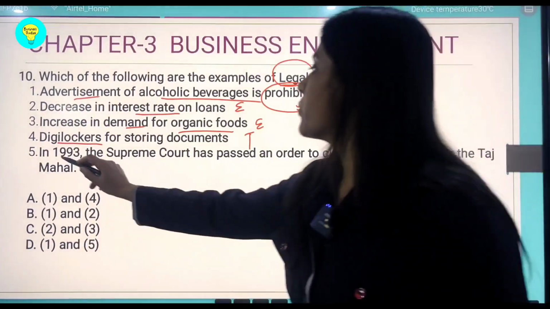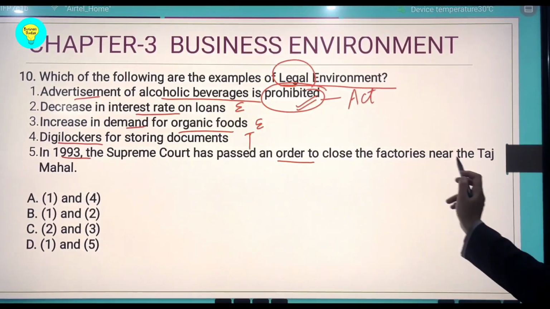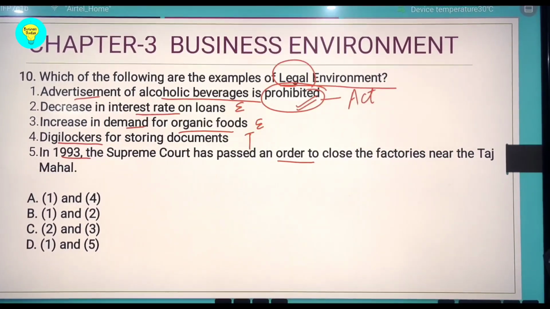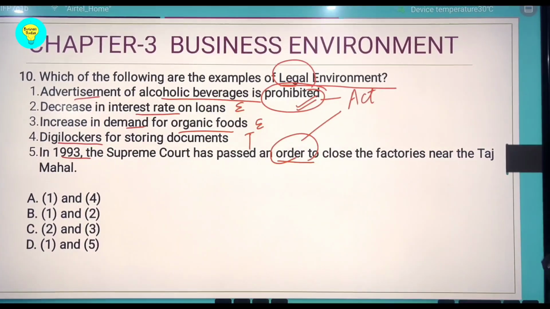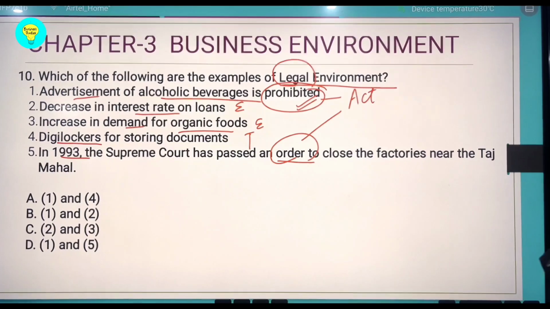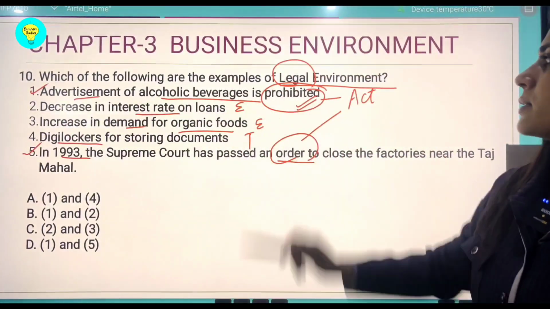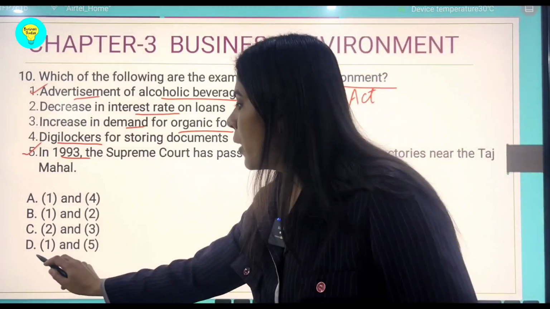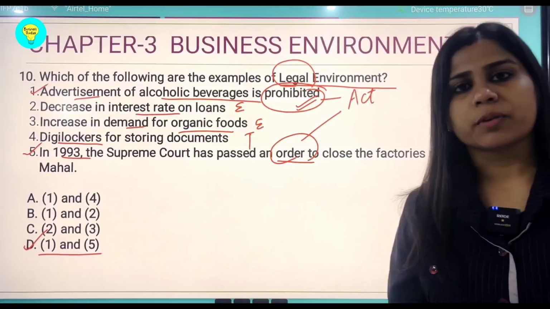In 1993, the Supreme Court passed an order to close the factories near Taj Mahal. So there's an order or act by the Supreme Court. So we can clearly say that points number 1 and 5 are examples of legal environment. So 1 and 5, the option D goes well as the answer for this question.